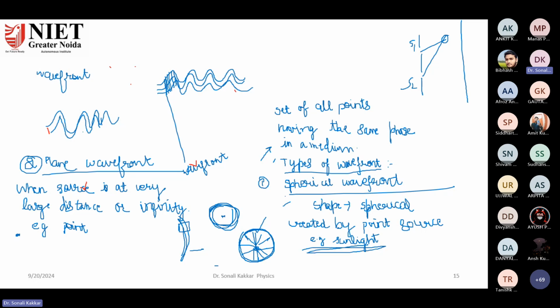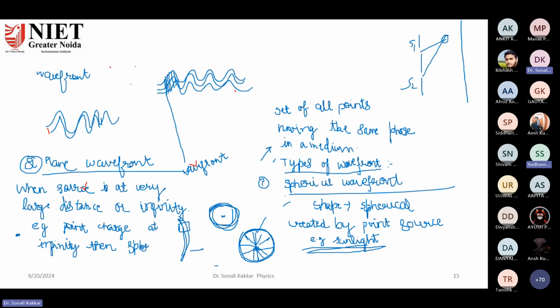Sun is at very large distance from us, right? So the same example can be used over here. Point source at infinity, then spherical wavefront will appear plane.